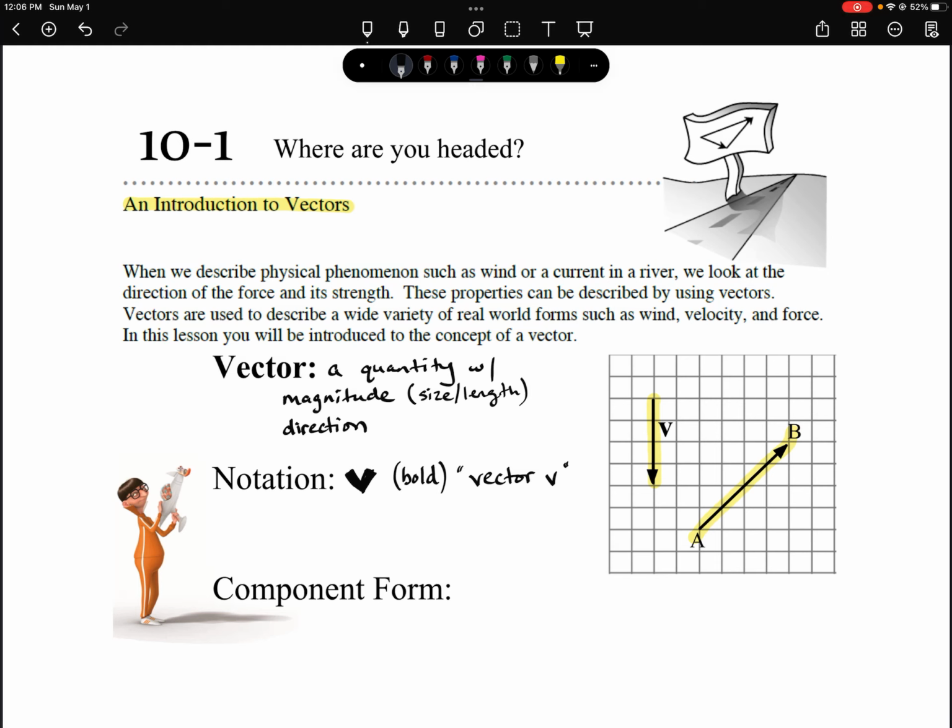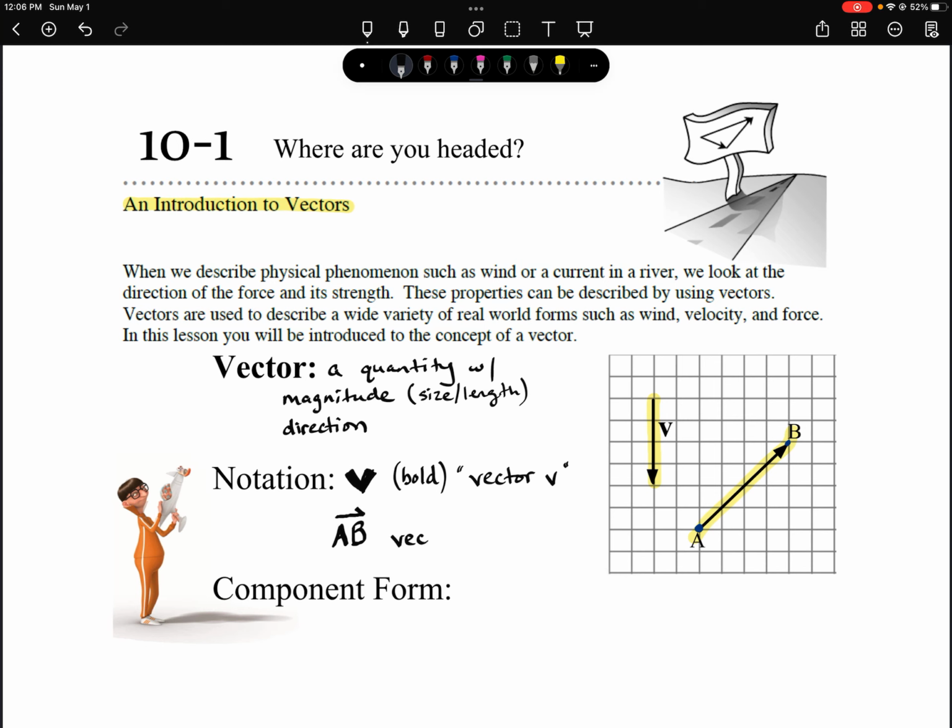Now, sometimes it's named with 2 points. When it's named with 2 points, usually you have an initial point where it starts, and then a terminal point where it ends. You can tell the direction it's going because it looks like a ray like you would have seen in geometry. So that second vector that we see there would be vector AB, and sometimes they're written with AB and a half of a ray on top of it.